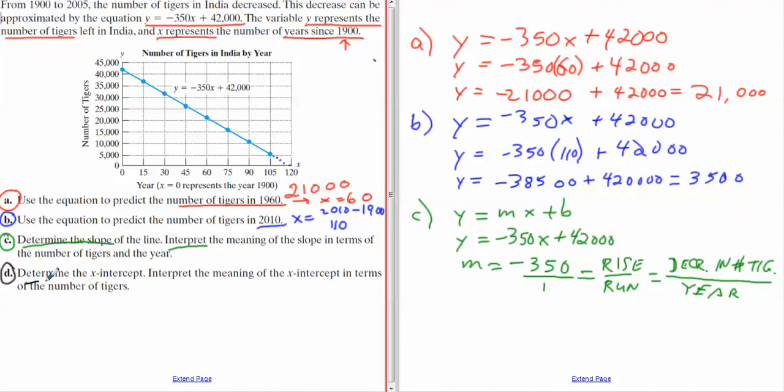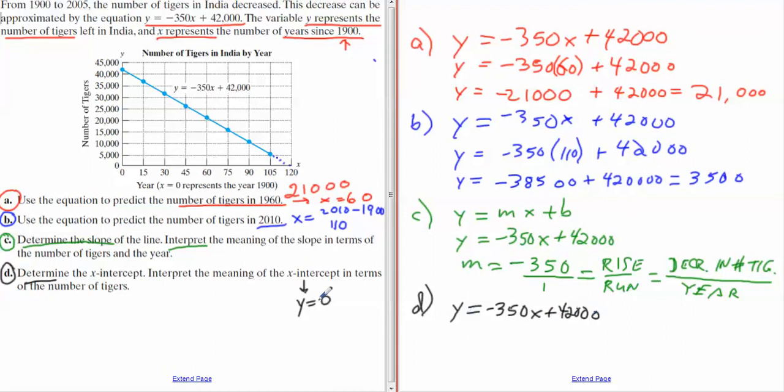So our first step, determine what our x-intercept is. Here's D. What's our x-intercept? The x-intercept happens when y equals 0. So in terms of our linear equation that gives us information about the number of tigers per year, y equals negative 350x plus 42,000.